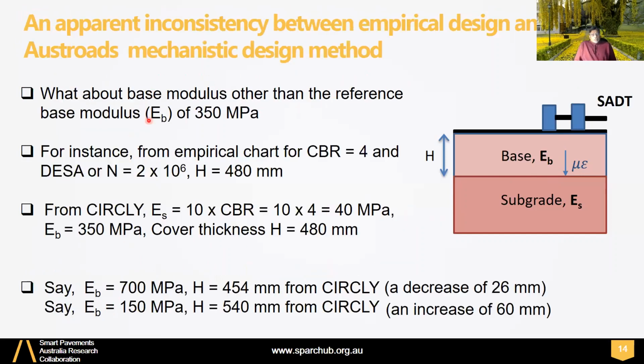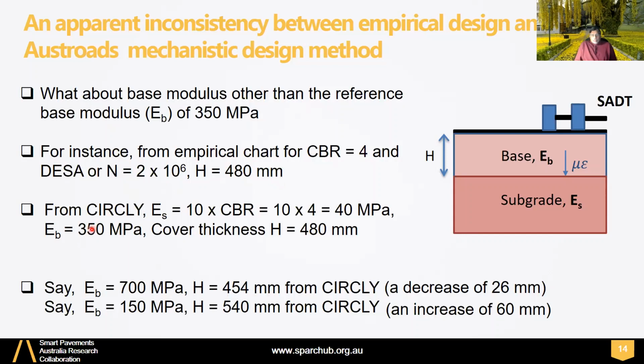So what about if you use a base modulus other than the reference base modulus of 350? Let's examine this example. For instance, from the empirical chart for CBR 4 and design ESAs of 2 million, we got 480 in the previous chart example.